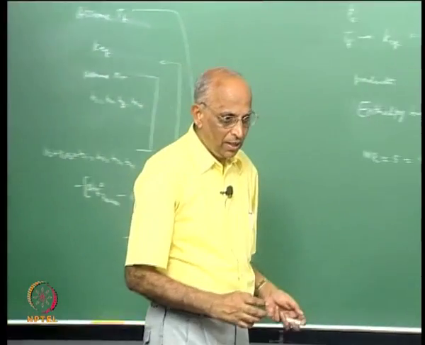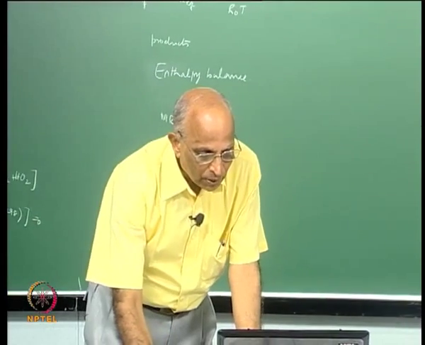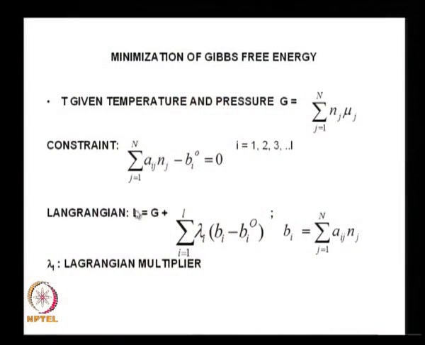I define a Lagrangian L, which I say is equal to G plus the summation, I have two species, i equal to 1 to 2. I wrote this out, B1 minus B prime, where Bi is the stoichiometric coefficient into this, which was B1 into H2O plus B2 into OH and so on.